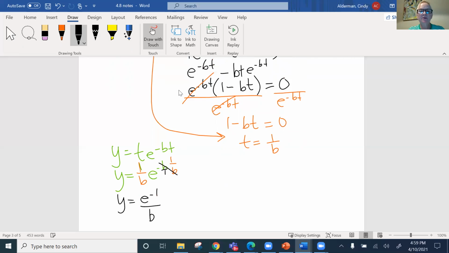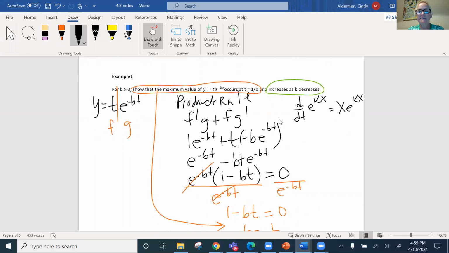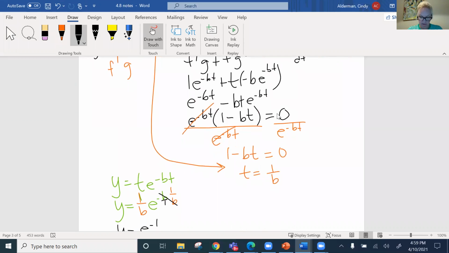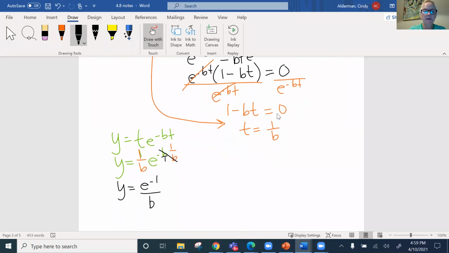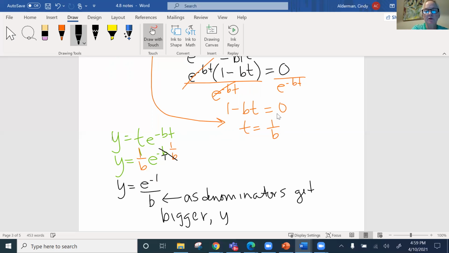Now, the reason why that shows that it increases as b decreases, what we know about fractions is as denominators get bigger, the whole number will get smaller, or y will get smaller.